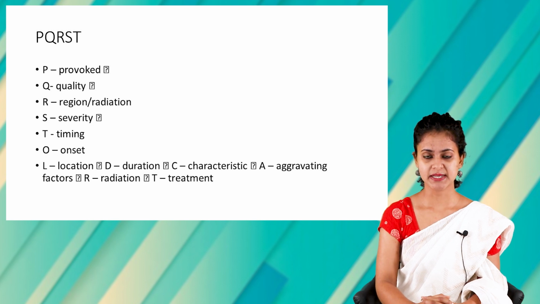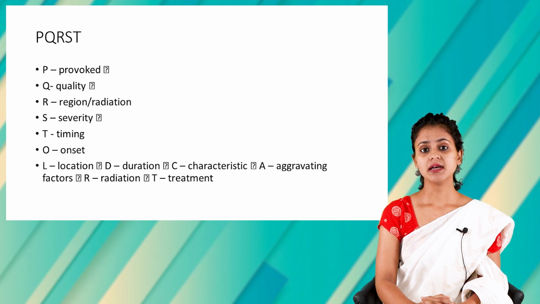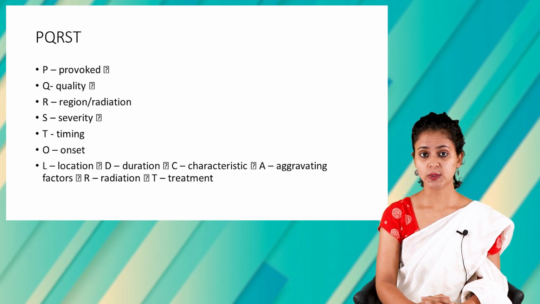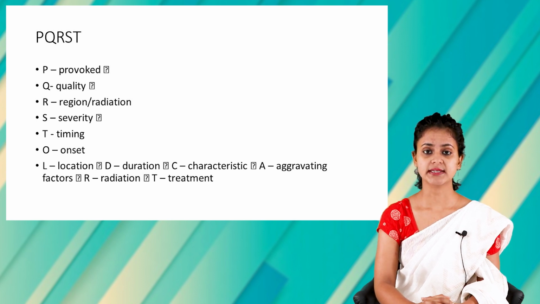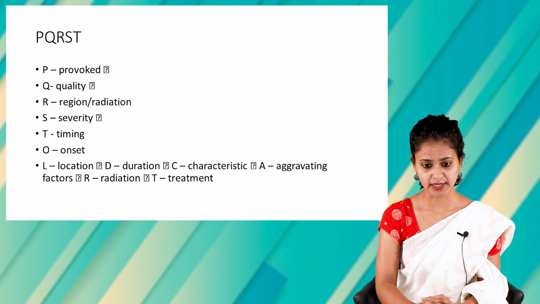Now, OLDCARTS: O stands for the onset of the pain. L stands for the localized area or the location of the pain. D stands for the duration of the pain. C stands for the characteristics or the quality. A stands for the aggravating and alleviating factors.